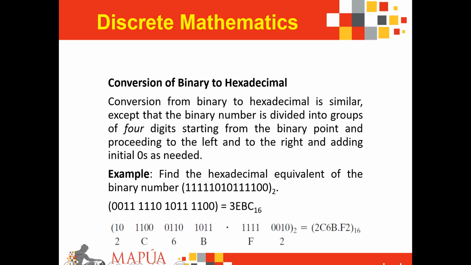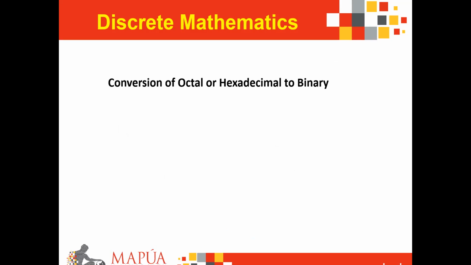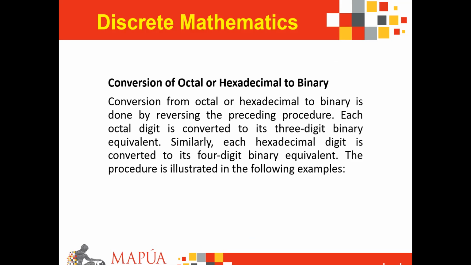This is another particular example that contains a decimal value. Conversion of octal to hexadecimal to binary. When converting octal to hexadecimal, it often goes through binary first.